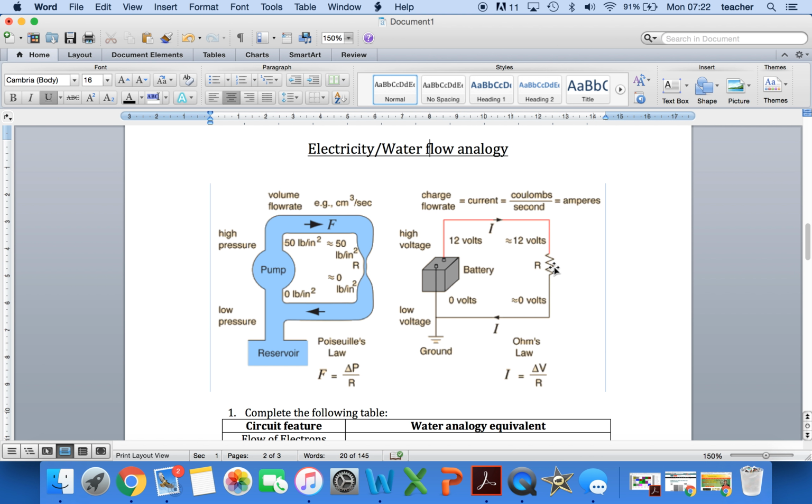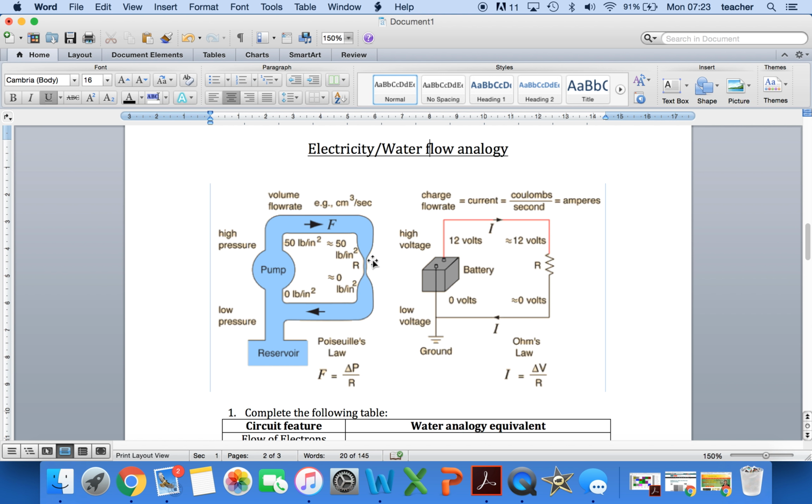A really good example would be a light globe. As the electrical energy goes through the light globe, some of it is converted into light energy and also into heat energy, as you would be familiar with. That uses up some of the energy in the circuit.